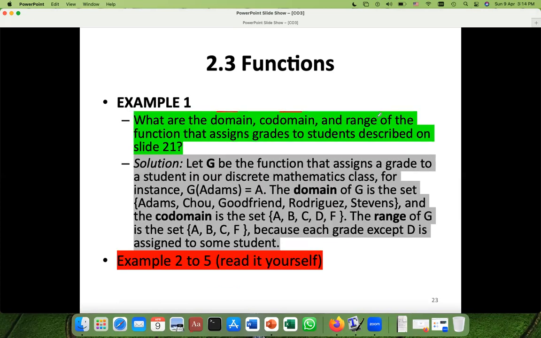What are the domain, codomain, and range of the function that assigns grade to the student? So you have the number of students in one set, and you have the grades in another set. You have to assign grades to the students. What is the domain, codomain, and range of the function for this question?